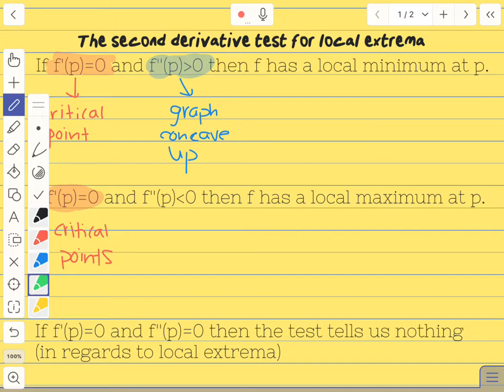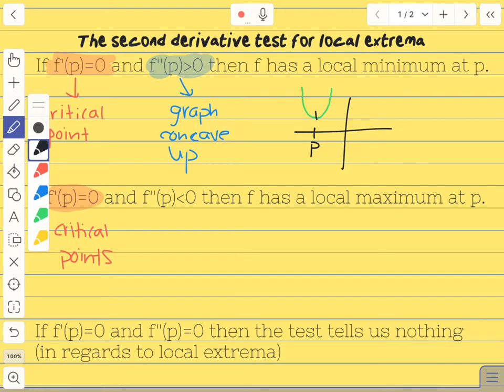If we think about drawing a quick function, a parabola, concave up, and we've identified this point here, point P, as the critical value, would that be a minimum or a maximum? Well, if the graph looks like that, then it has to be a local minimum. So if the graph is concave up at your critical point, then there has to be a local minimum there.